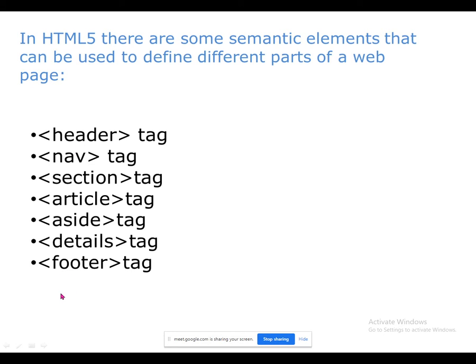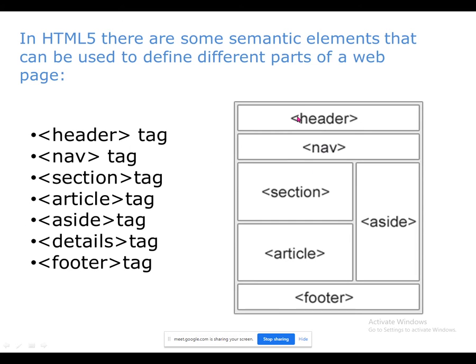But as per our syllabus, we are going to use this much semantic tags in our question. Okay, so semantic tags are elements to define the different parts of our web page, or you can say to create a different layout of our web page.